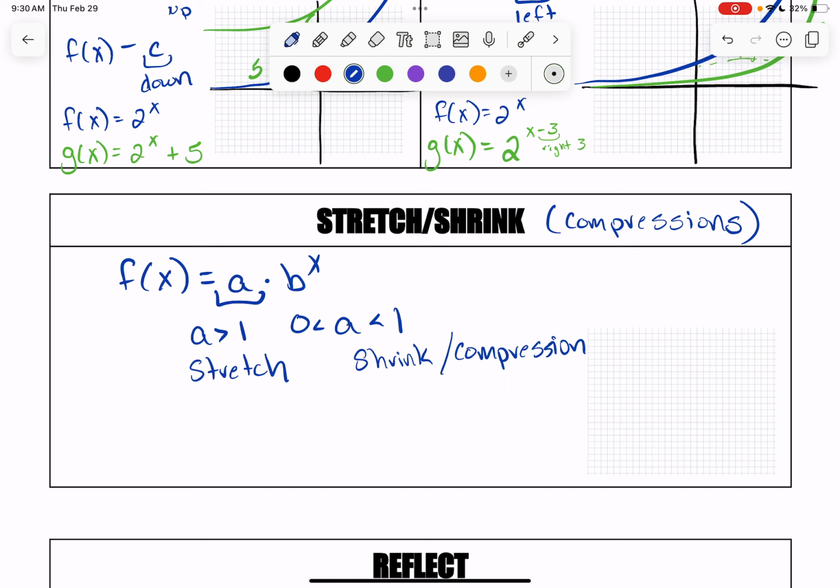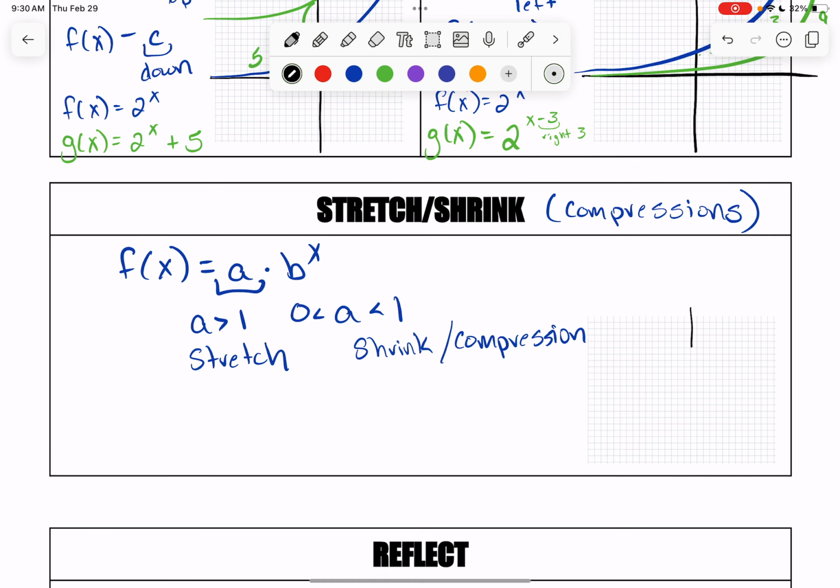How that will look, if we look at our parent, again I'm going to keep using 2 to the x, not to scale. So here's my function, f of x equals 2 to the x.